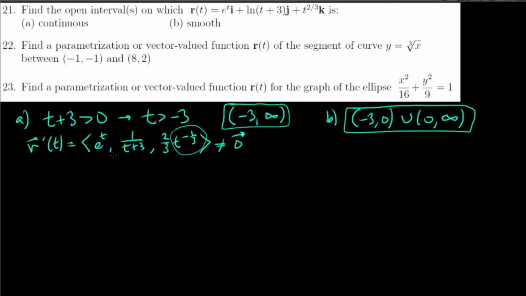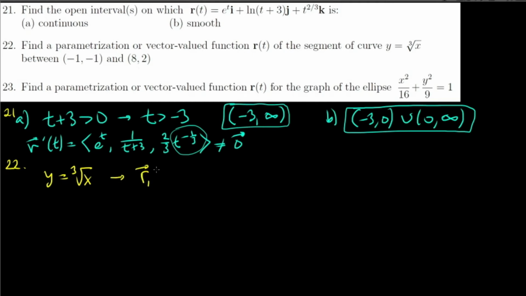All right, 22. Find a parameterization. So this was 21. 22, find a parameterization of the vector valued function for the segments of the curve y equals the cube root of x between the 2 points, -1, -1, and 8, 2. There's a couple of ways of doing this.